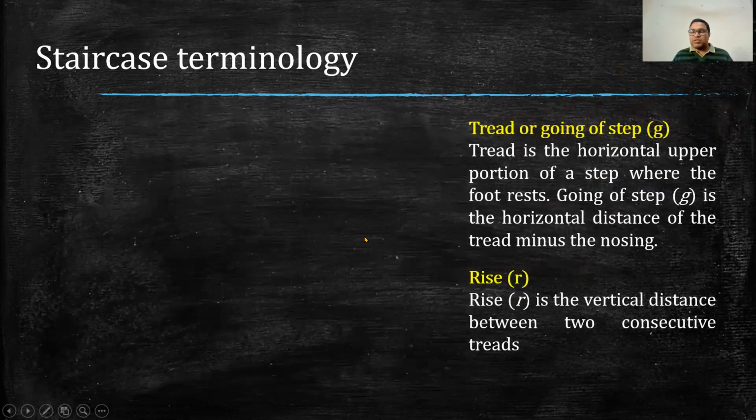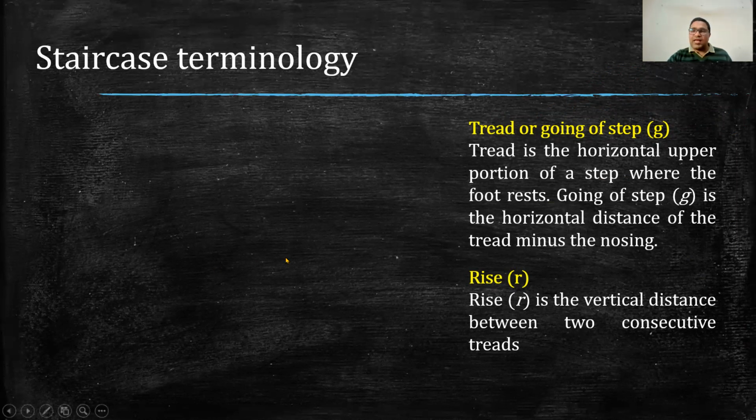Now, if we talk about the basic values of riser and tread, they vary depending on the type of staircase used in various types of building. For example, if we use a staircase in a commercial building, then the tread and riser may be different. If we construct a staircase in a residential building, the value may be different.